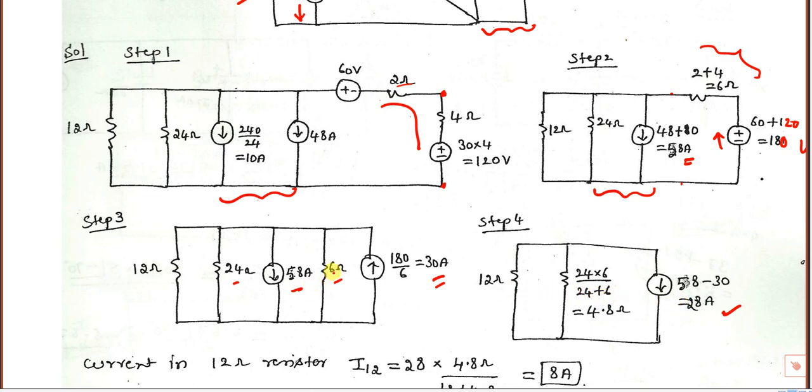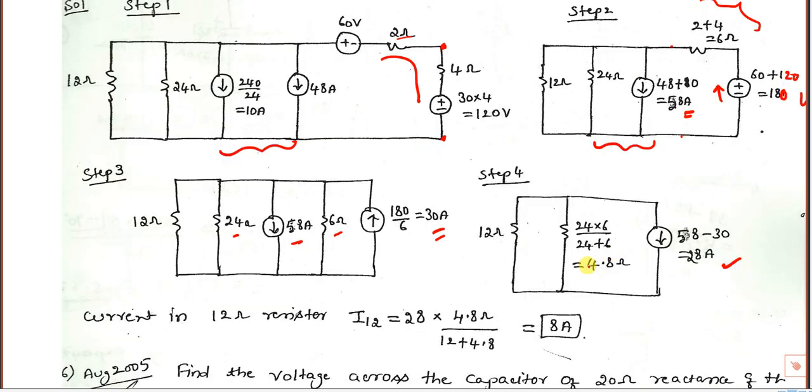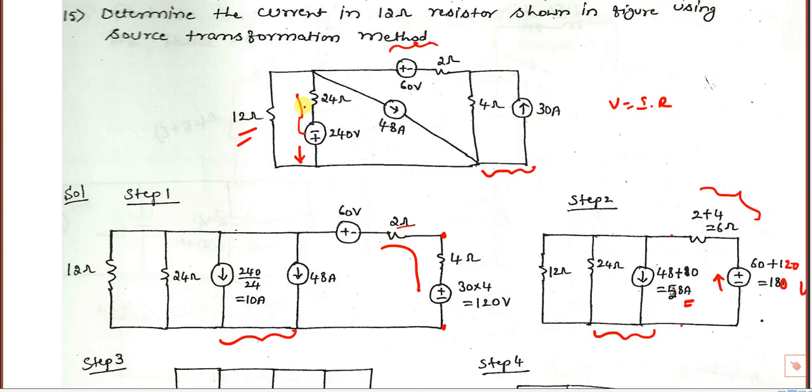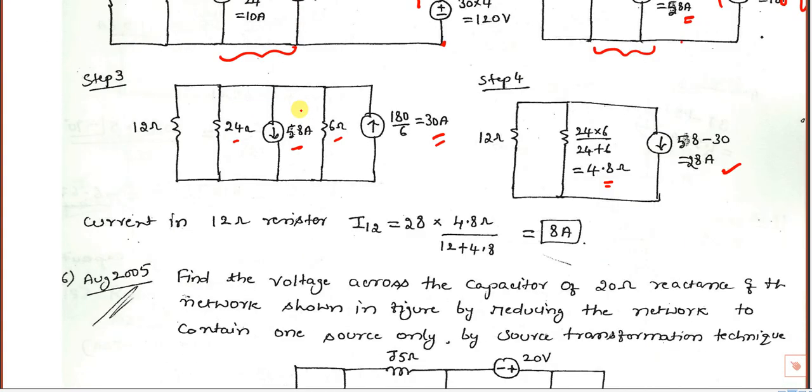And after that, 6 and 24 are in parallel. 24 into 6 divided by 24 plus 6 will give you 4.8 ohms. Now, what is the question? Find the current through the 12 ohm resistor. Here we have the main current, 28 amps. I want to find the branch current here, the current through this.